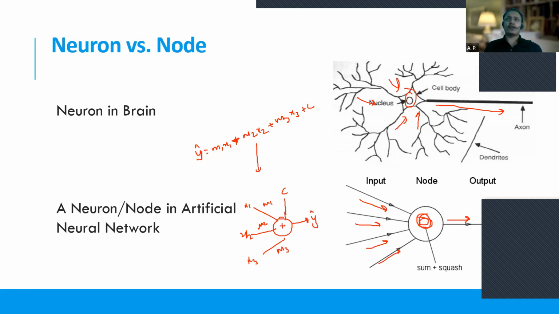So a single neuron is nothing but a single linear equation. Every linear equation can be represented as a single neuron, and every neuron can be thought of as a single linear equation.